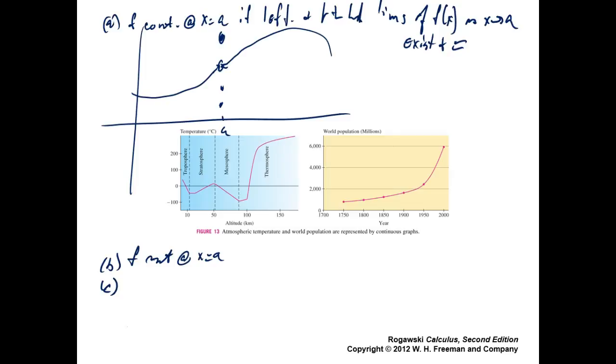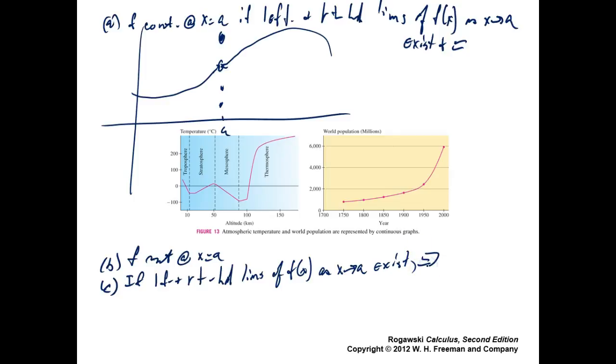The C one. If the left and right hand limits of f of x as x approaches a both exist, then that's the given.